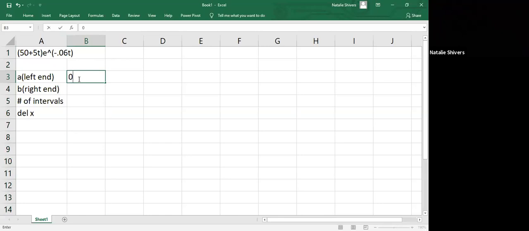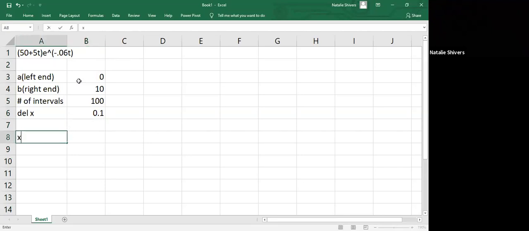The left end again is 0 to 10, and we're going to do 100 intervals. Delta x, we're going to take B4 minus B3, put it in parentheses. We have to do the subtraction before we do the division, especially with a 0 involved. We don't want to play around with that. Divided by B5.